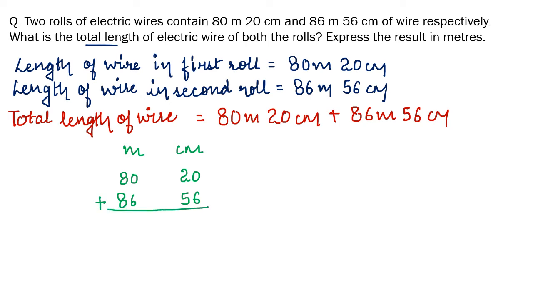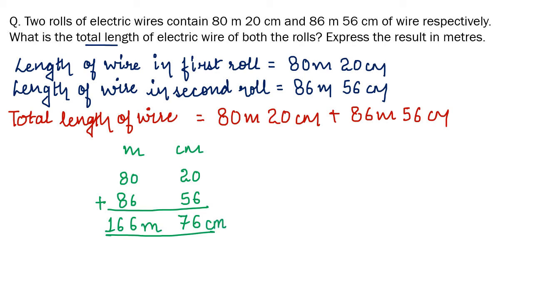Now add them. 0 plus 6, 6; 2 plus 5, 7; 0 plus 6, 6; and 8 plus 8, 16. So we got 16 meter 76 centimeter.